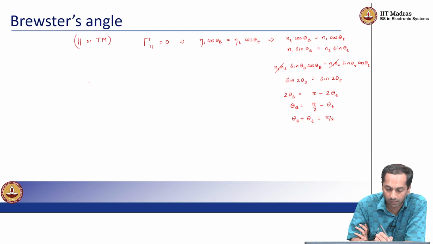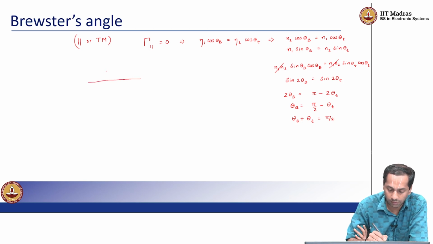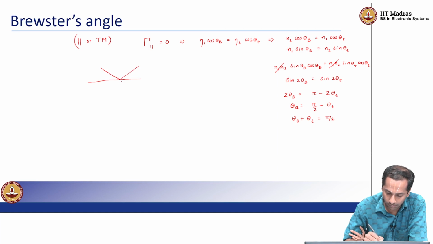If I were to draw this pictorially, we have theta b, and this is theta b also, and we have theta t.